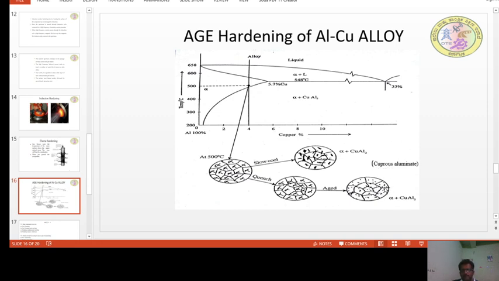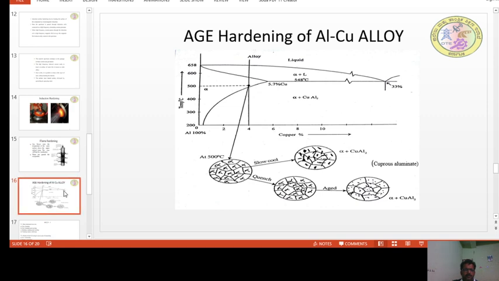Precipitate means a very fine powder, and this very fine powder is distributed in the structure of alpha grains. This distribution will improve the hardness of the material compared to the earlier condition. This hardening happens over a period of time. This is called age hardening, and this is applicable for most of the non-ferrous metals.